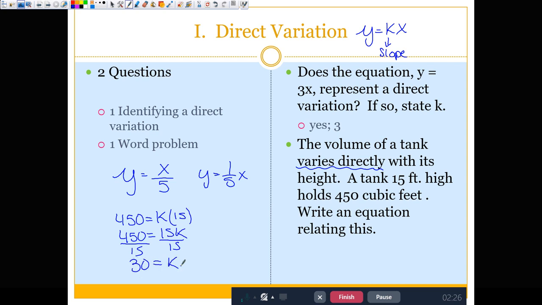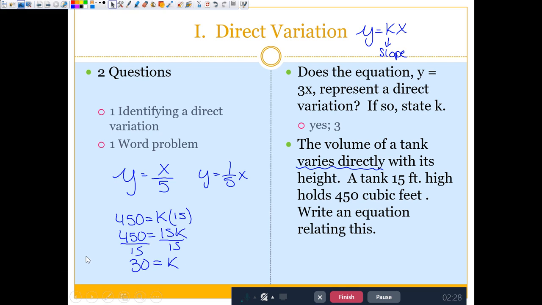So if I write my equation, it would be y equals 30x. And the key word is that it varies directly. Okay, so the first one's going to be y, and the second one's going to be x.